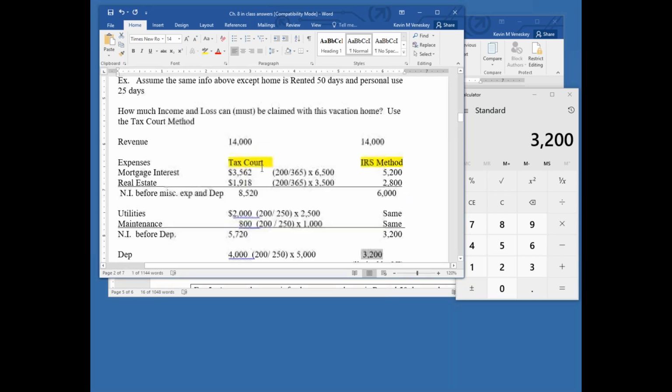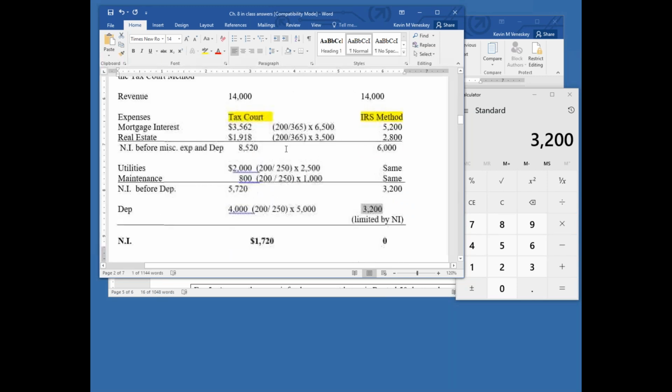Now let's look at it the other way, using the tax court method. The tax court method, everything's the same except these two lines. And notice we're taking less mortgage interest on the Schedule E. We're taking less real estate taxes. And the reason it's less is because my denominator is a bigger number.